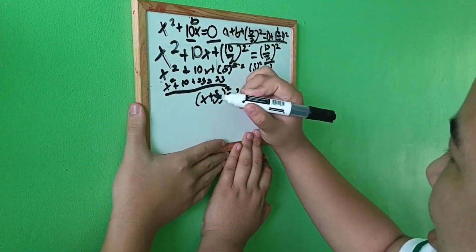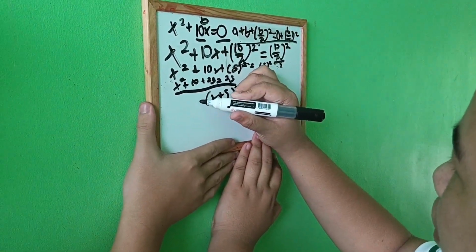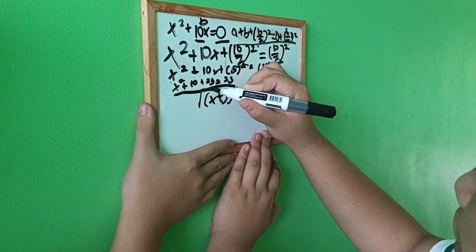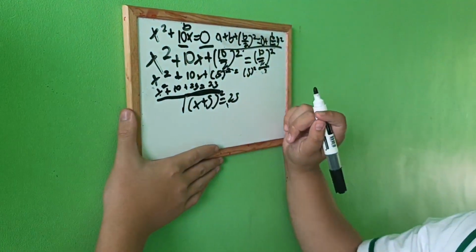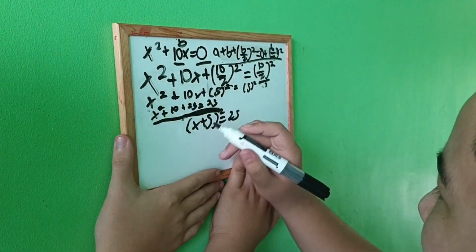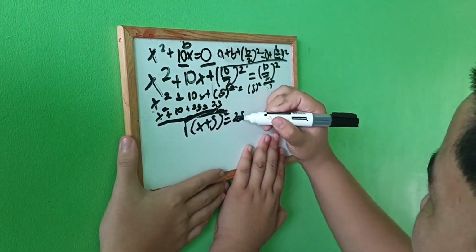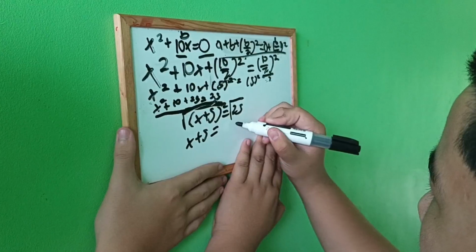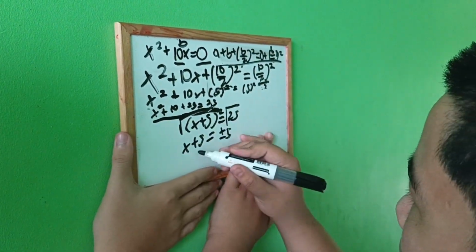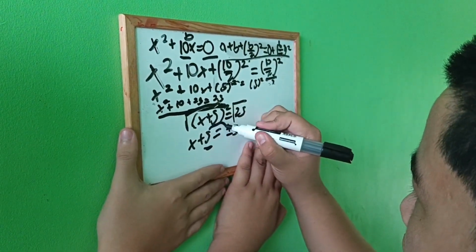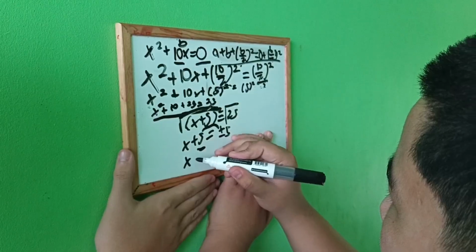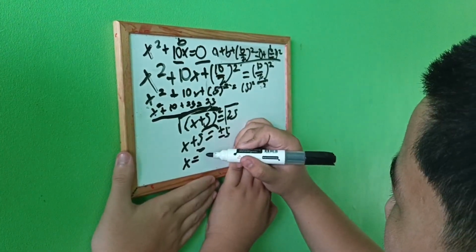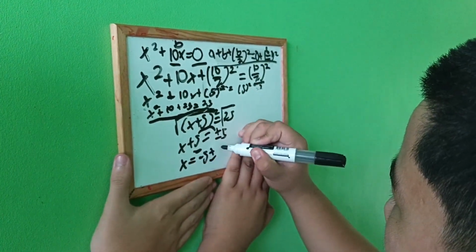After writing this one, we can now take the square root. So x plus 5 equals 5. Then we transpose. So x equals negative 5 plus 5.